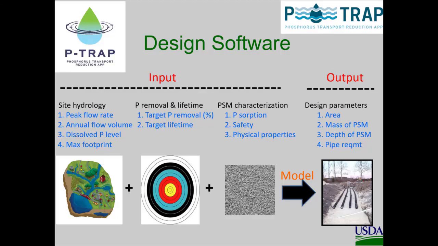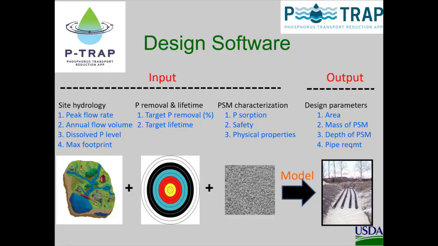I always design mine for 40%. That seems to be the magic number around here, right? 40% cumulative removal over a given lifetime. Say 40% of the cumulative load of all the phosphorus that flows from that site over the next 5 years or the next 10 years or 20 years. Whatever you choose as a user. Quite frankly, I build them as large as I possibly can that's feasibly and economically possible.